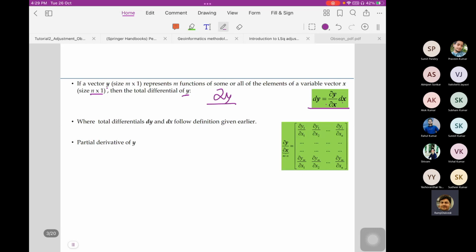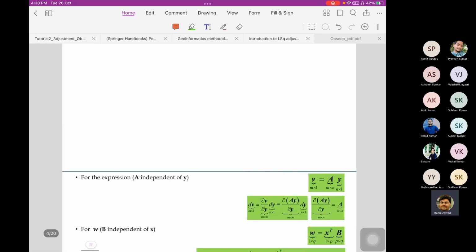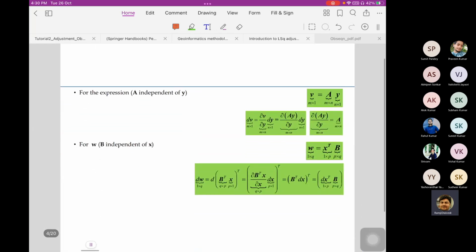So del y by del x, that is your partial, multiplied by dx. Similarly, the total differential dy and dx follow the definition given earlier, with the partial derivative dy by dx given by this. So these are the ways you can quickly recall your basics.